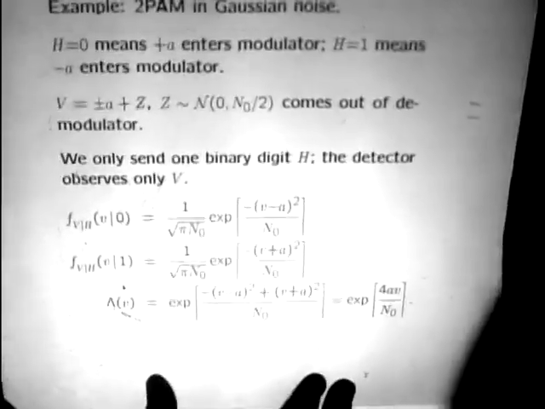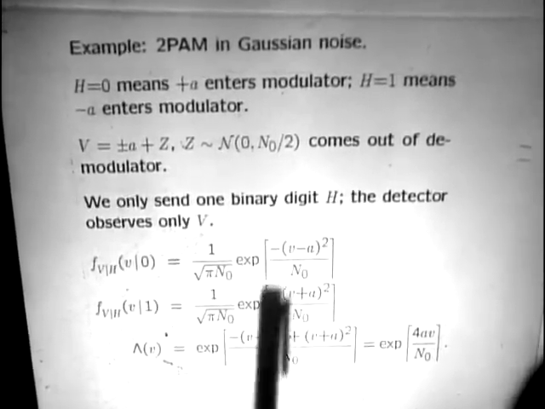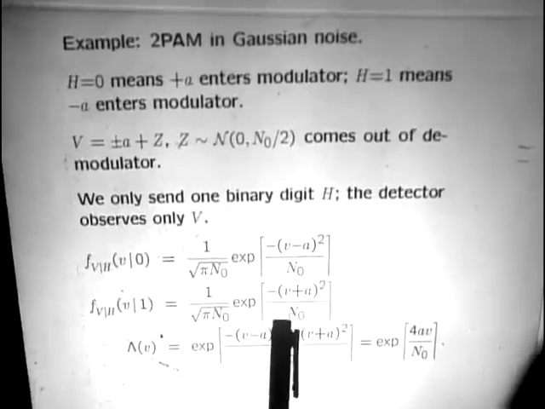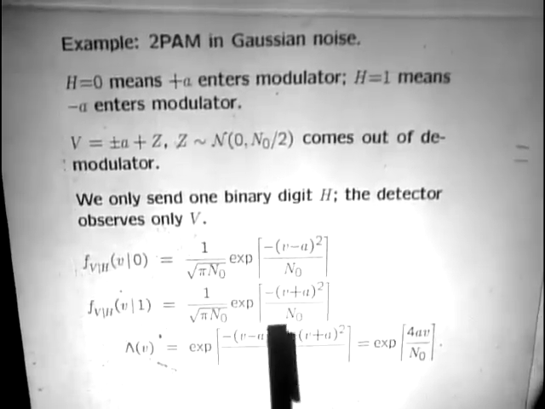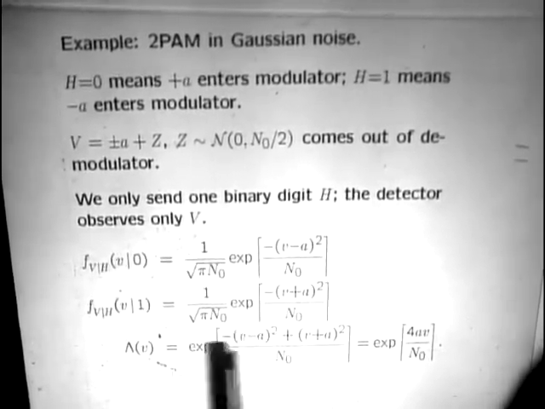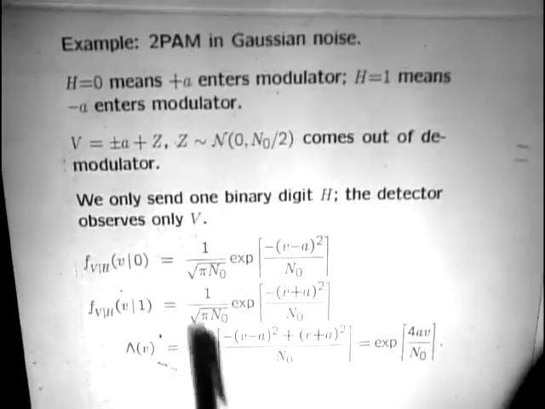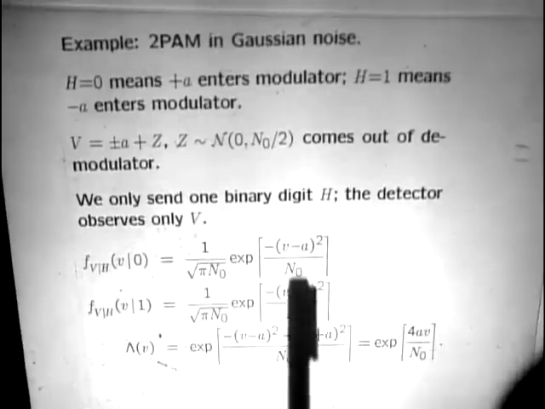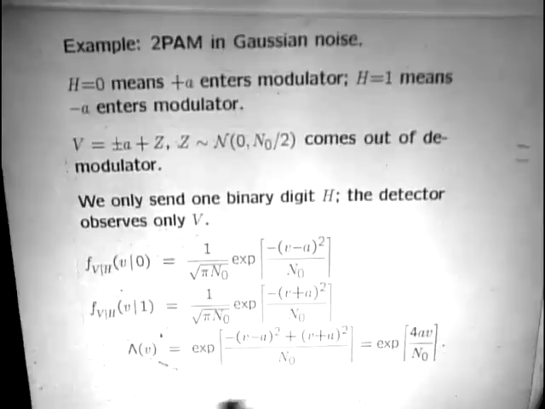Okay, so let's go back to do the arithmetic. Here are the two likelihoods. You take the ratio of these two things. When you take the ratio of them, what happens? And this sort of always happens in these additive Gaussian problems. These terms cancel out. When you take a ratio of two exponents, you just get the difference.